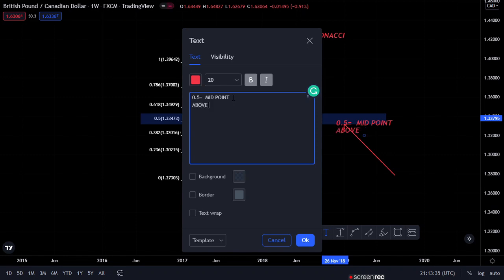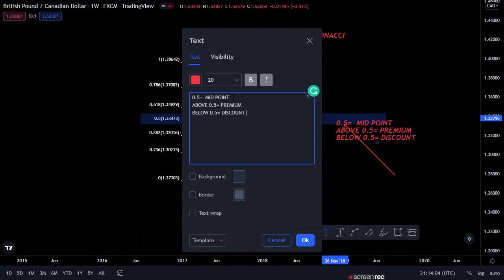Above 0.5 is what we call the premium. Below 0.5 is discount.